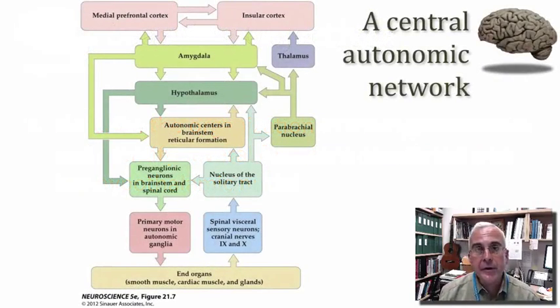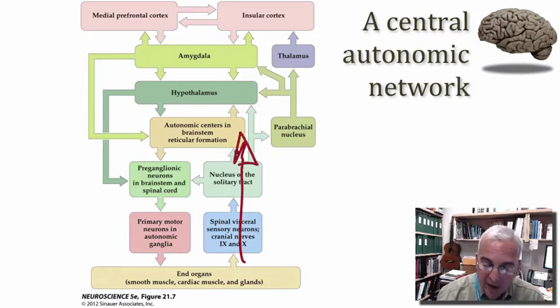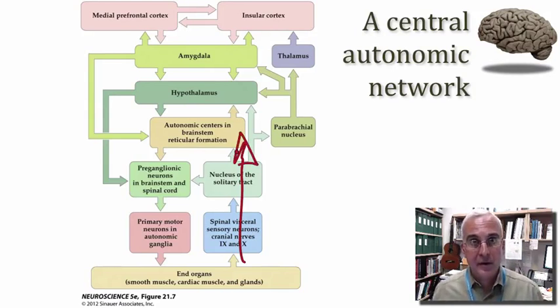Well, we concluded the first part of our visceral motor tutorial by focusing in on the central autonomic network. And we talked about the ascending aspects of sensory signals that are derived from the viscera and how they are integrated within this central autonomic network.